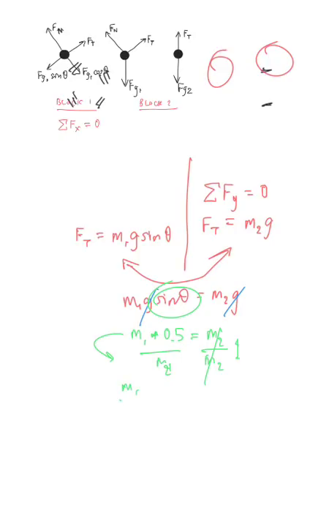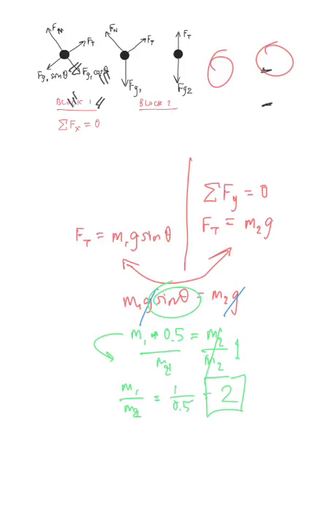So m1 over m2 is equal to 1 divided by 0.5, which is equal to 2. So that tells you that mass 1 over mass 2 is equal to 2, or you can say that mass 1 just has to be twice the mass of mass 2. So that, the simple number 2, is the answer to part C.